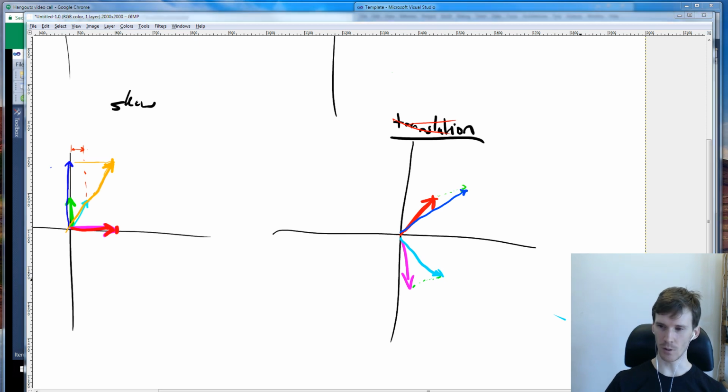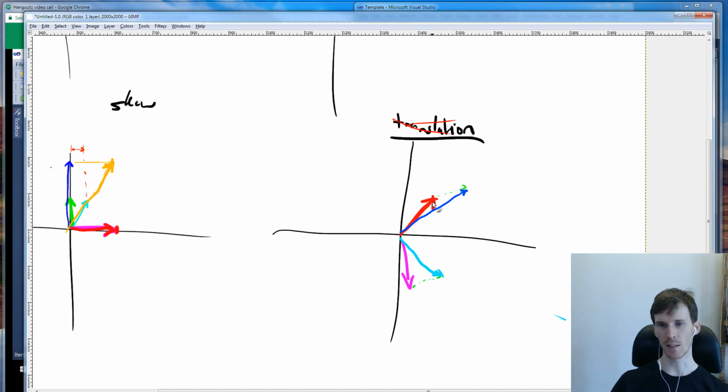And if you consider these as, I haven't drawn this brilliantly, but say this is a model, like maybe a nice thick line with a stick on it or something, and we translate it, we end up with the same nice thick line with a stick on it, and it's just moved a bit.